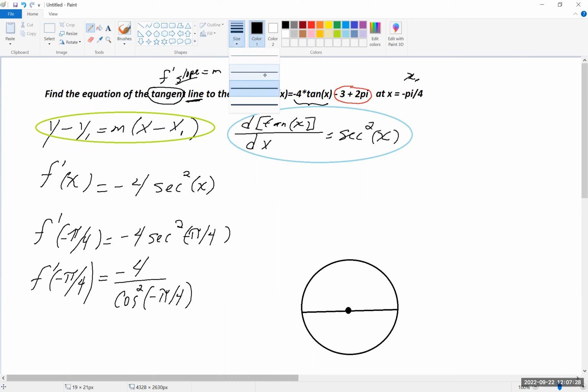All right, so let's just use a different color. The maroon's dark enough. So minus pi over 4 is going to be over here, right? So this angle here is minus pi over 4.